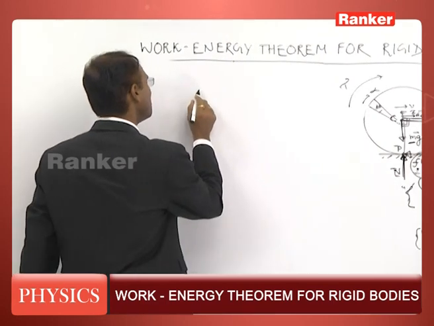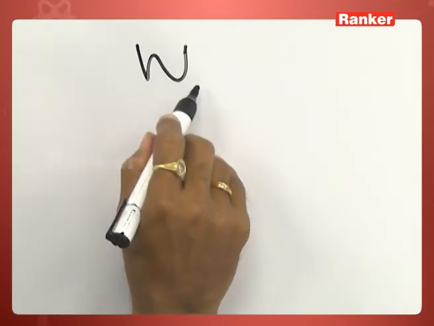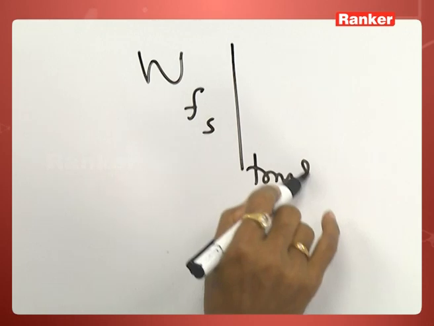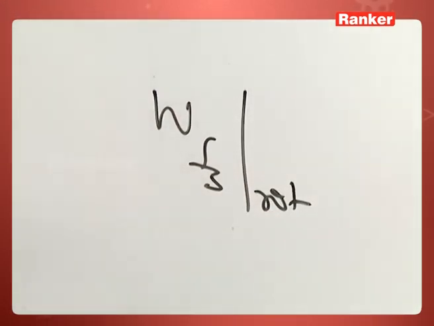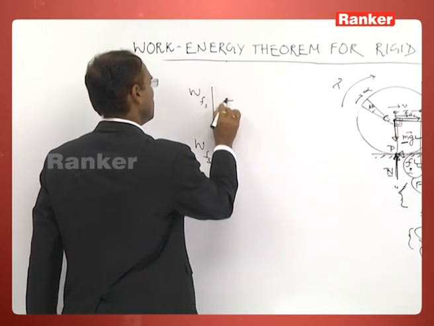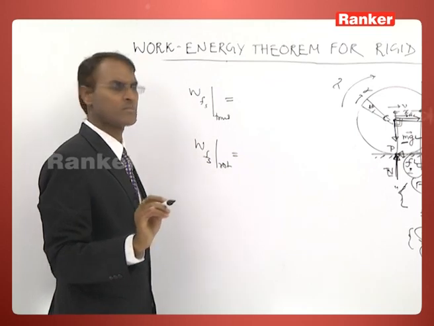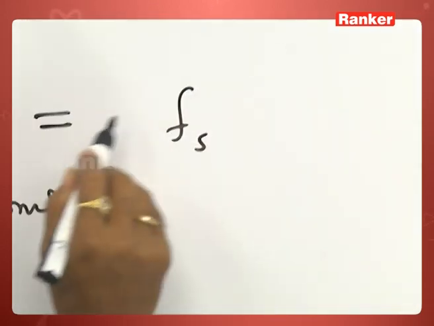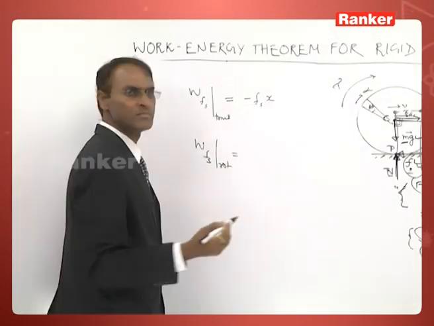If we document the work done by friction for translation and work done by friction in rotation, we can say that these two are different quantities. For translation, it does work that's equal to minus Fs into x.